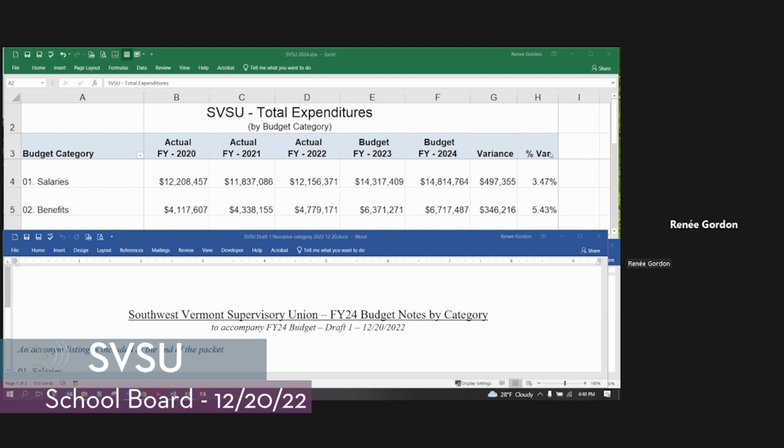Another request was to add a half-time administrative support position for the curriculum, instruction and assessment department. The requirements and demands on that department are creating an additional need for support, so we factored that in. We're also looking to transition 0.5 of the equity coordinator position.